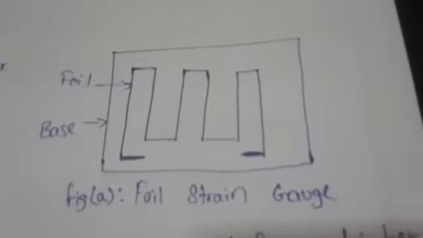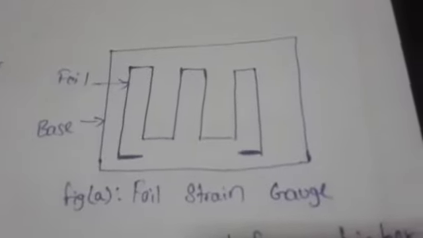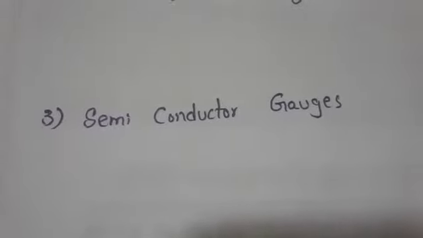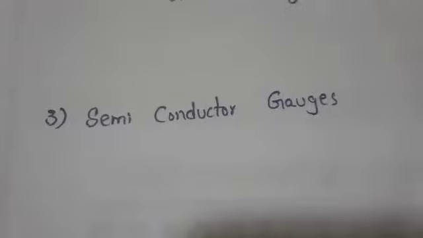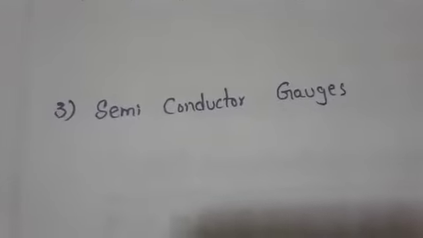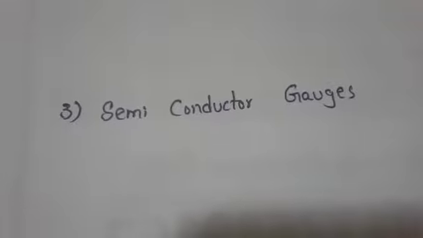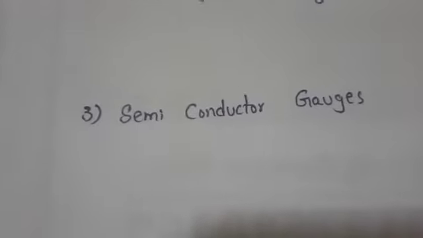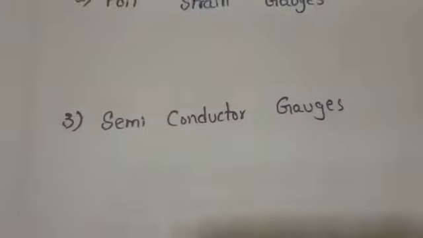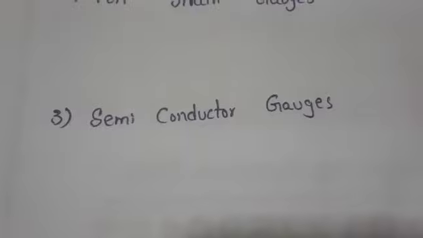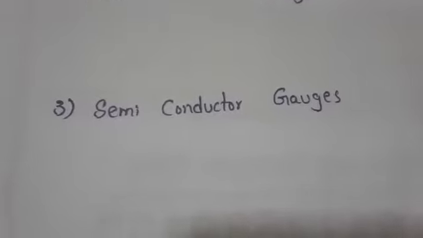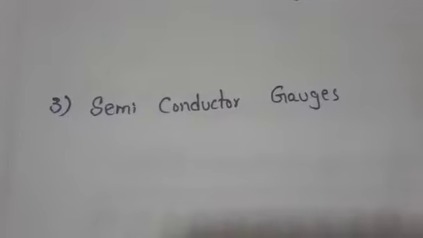Next we discuss semiconductor strain gauges. To have a high sensitivity, a high value of gauge factor is desirable. A higher gauge factor means a relatively higher change in resistance, which can be easily measured with a good degree of accuracy.